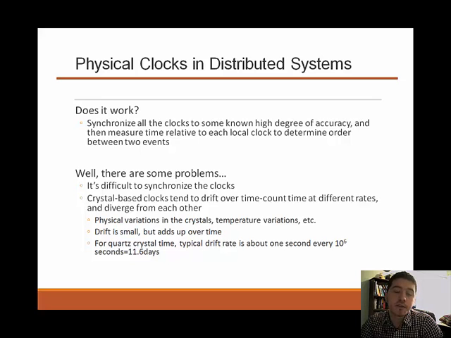The drift is sufficiently small, but at the same time it adds up over time, and after some time this drift becomes considerably high. For quartz crystal clocks, the typical drift rate is about 1 second every 10 to the power of 6 seconds, which means 1 second of drift in 11.6 days.